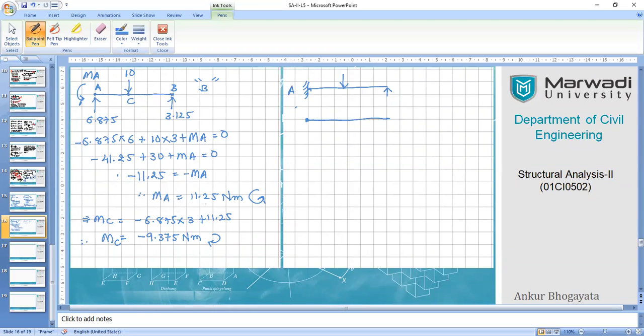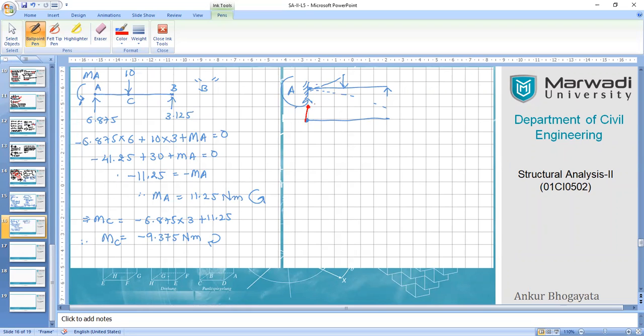We have MA equals to 11.25, that is anti-clockwise, and which creates what? It creates, see the behavior. Now here it will be trying to create this portion going up because it is creating sagging, right? Trying to sag this portion, right? So sagging generally we show above the lines, right? So let me change the color for effective presentation.